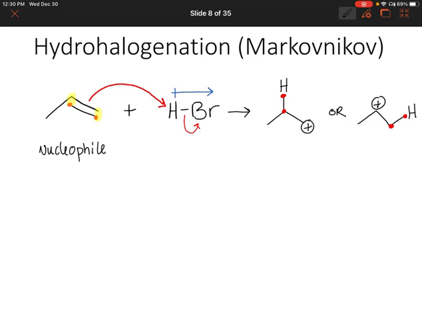Let's identify what type of carbocation we have. So in the first situation, do we have a primary, secondary, or tertiary carbocation? That's a primary carbocation. And what about in the second situation? Is that a primary, secondary, or tertiary carbocation? Secondary.